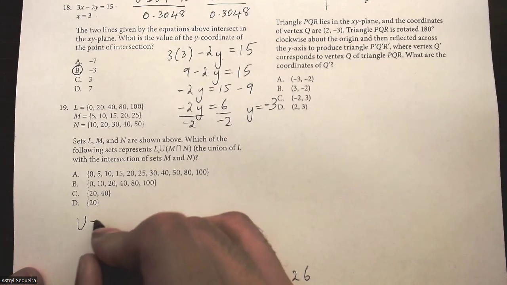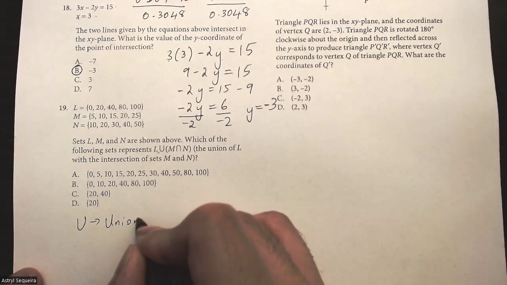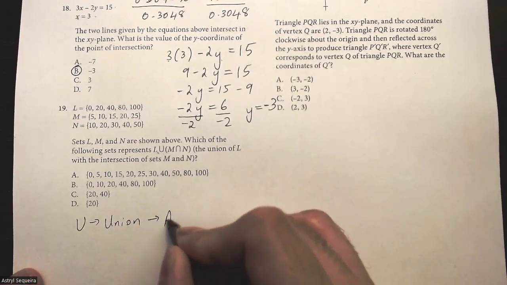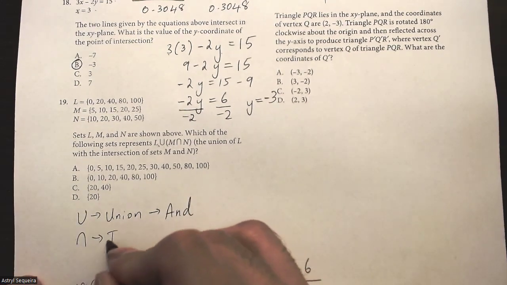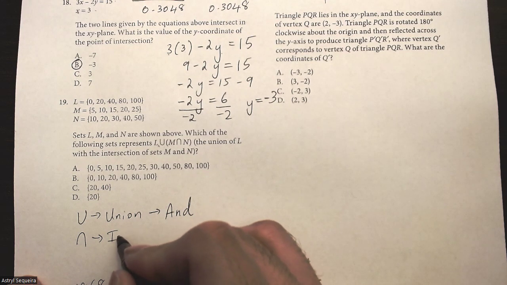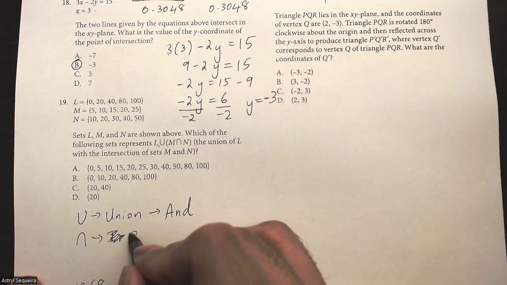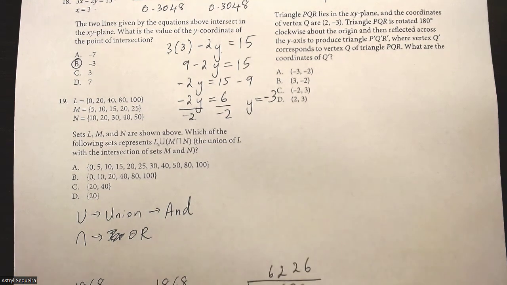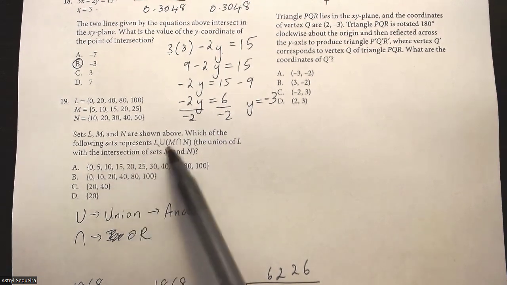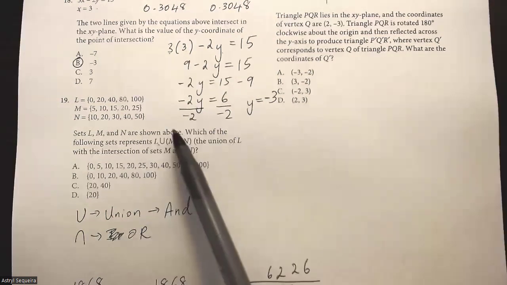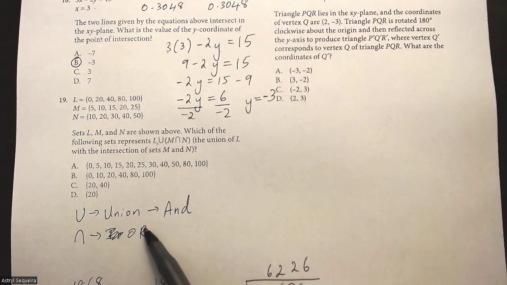So really important, U is basically union. I don't remember the actual word for it, but I know it's an or. So basically the U stands for an and and the N stands for an or.